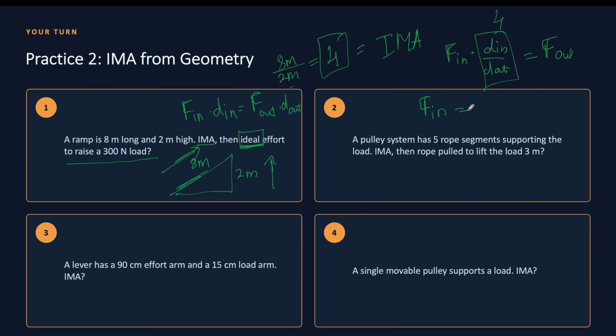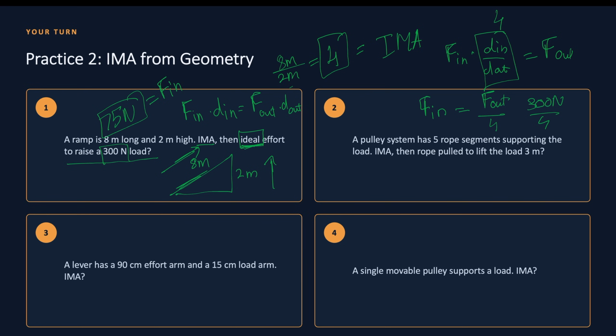So that's just going to be force out divided by 4. Or 300 newtons divided by 4, which gives 75. So 75 newtons of force is my force in.